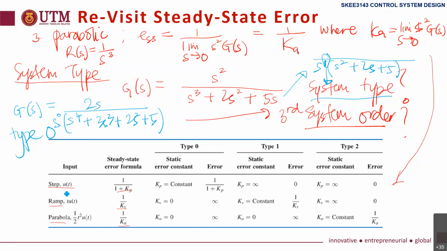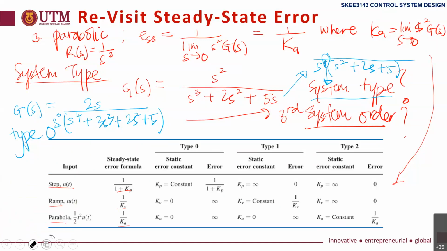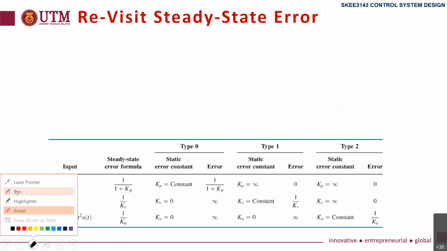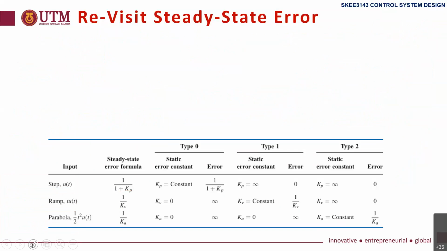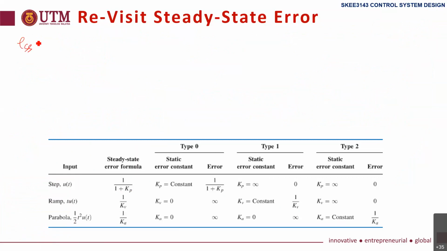Okay, let's see. I will erase all this. The error is 1 over 1 plus Kp. This is for a step input, in which Kp is equal to the limit as s goes to 0 of G(s).